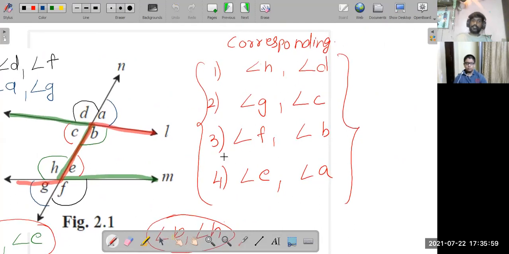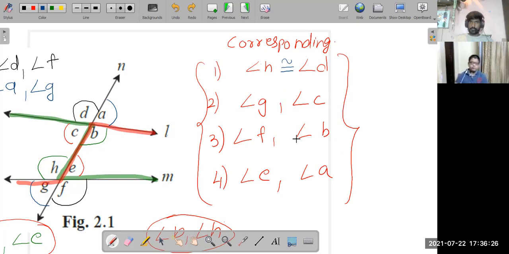If the first pair is congruent, then the remaining pairs also will be congruent to each other. Any one pair, if it is congruent, the rest will all be congruent to each other. Is this clear?